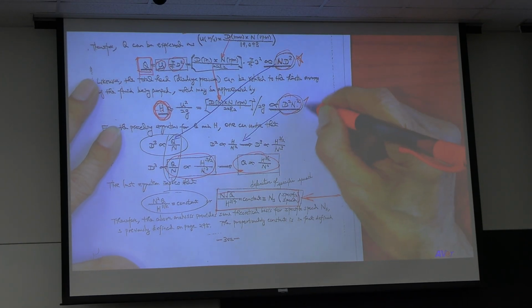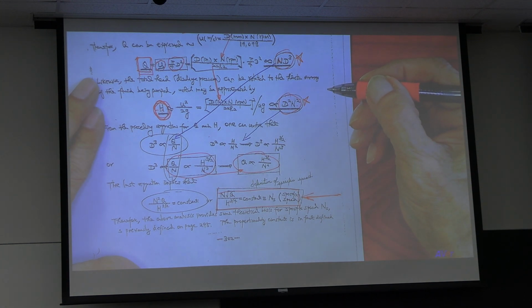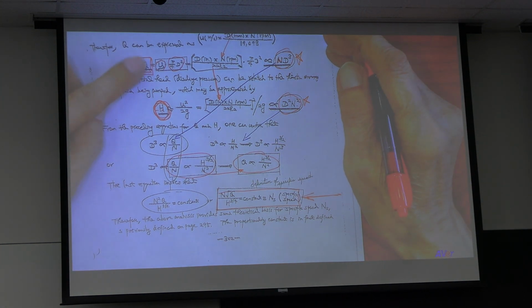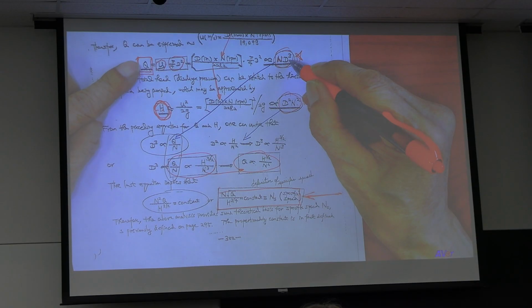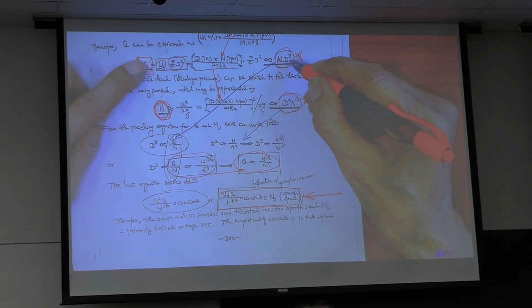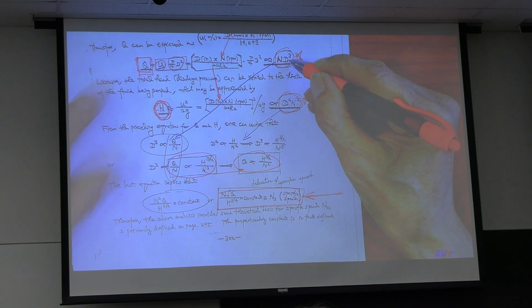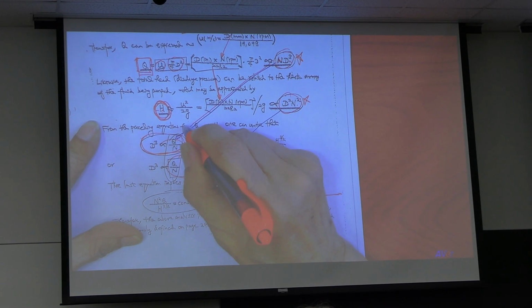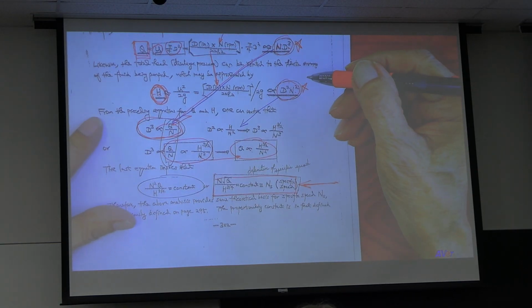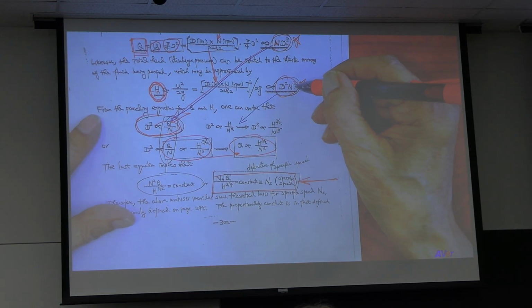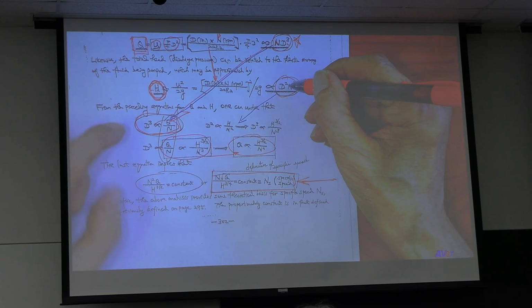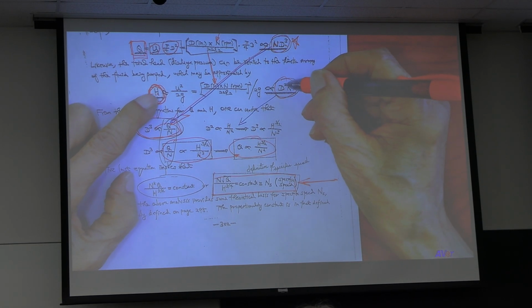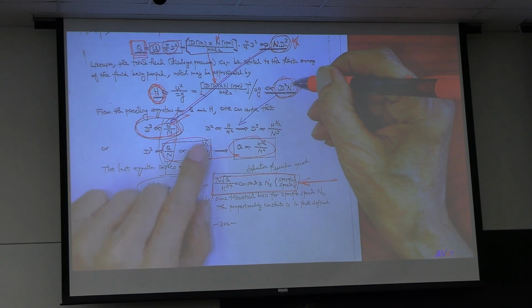Those two relationships, first, D to the third power, proportional to Q over N, right here. Second, here, H, D squared, N squared.